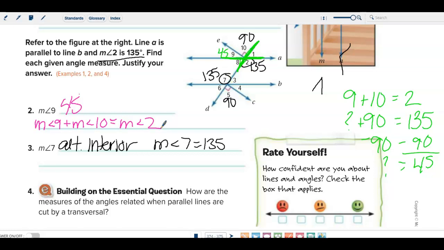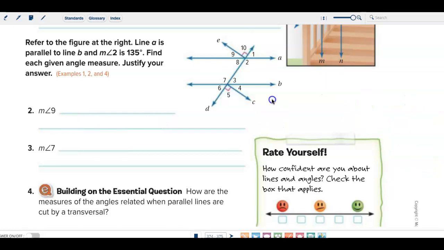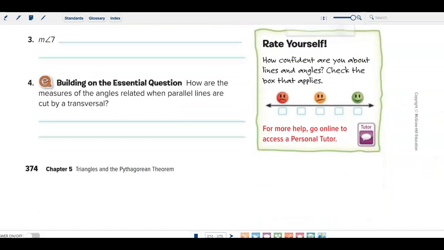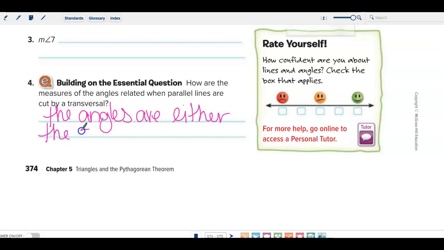So on number 4, the angles are either the same or supplementary. Those are really the only options we have. So we shouldn't be using any, oh, I think that one looks like 130, so I'll write 130, right?